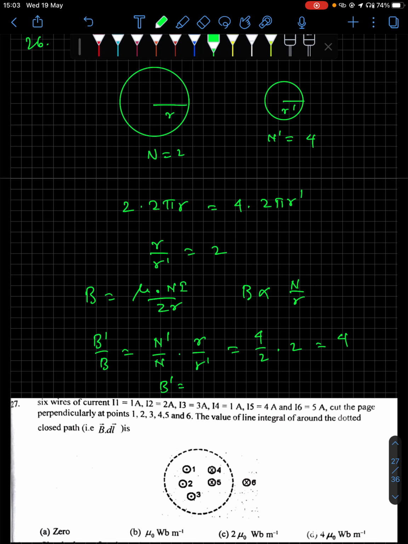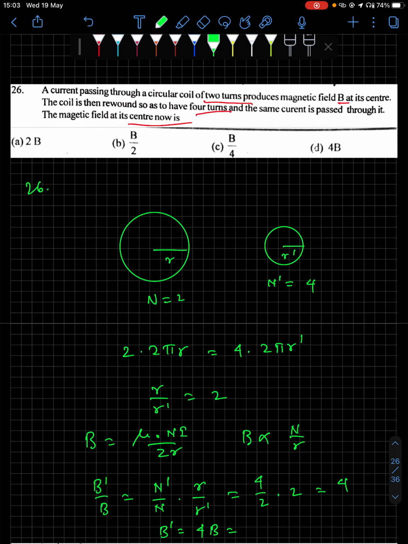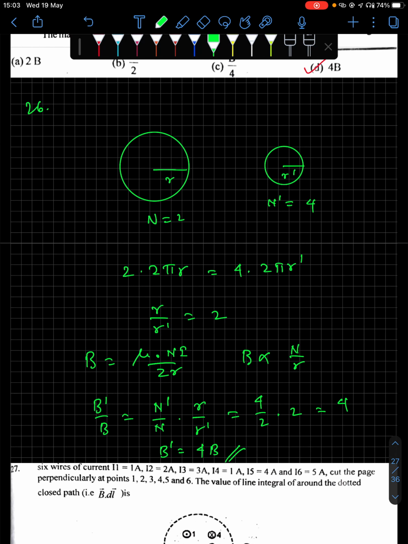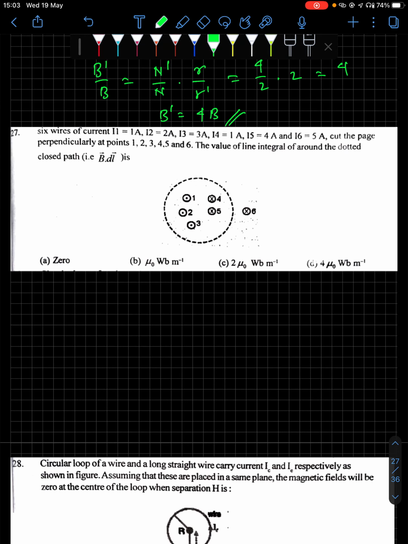So B prime is 4 times B. I got this sum wrong previously. It has to be option number D. Okay, it has to be option number D. So there is one more correction with question number 26. Now 27.